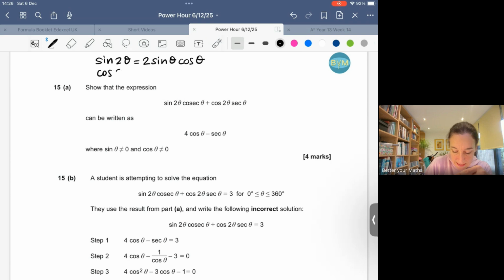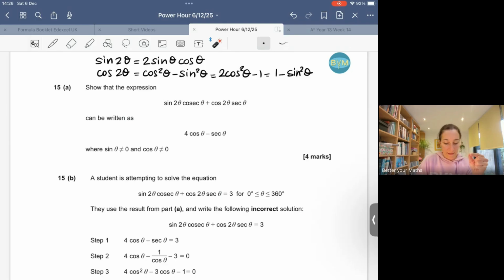And cos 2 theta can be written in different ways: cos squared theta minus sine squared theta, or 2 cos squared theta minus 1, or 1 minus 2 sine squared theta. They are not in the formula booklet, the double angle, but you will find sine of a plus b and cos of a plus b, so it's very easy to deduce them with that.